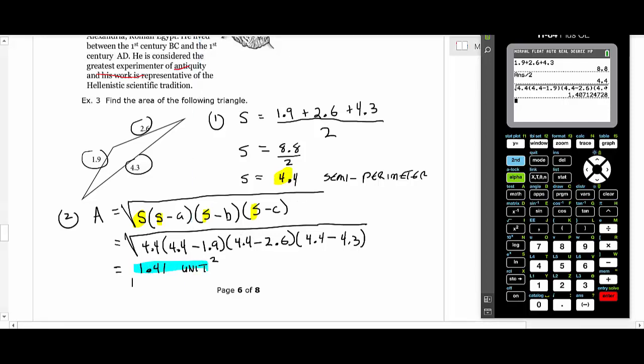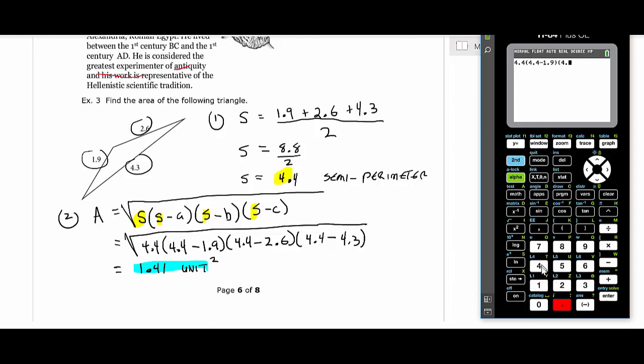So again, what I've done is the semi-perimeter, adding up the sides and dividing by 2 to get 4.4, then putting it directly into Heron's formula. If you want to, you can also do it like this. You can do the 4.4 minus 1.9 before you do the square root.